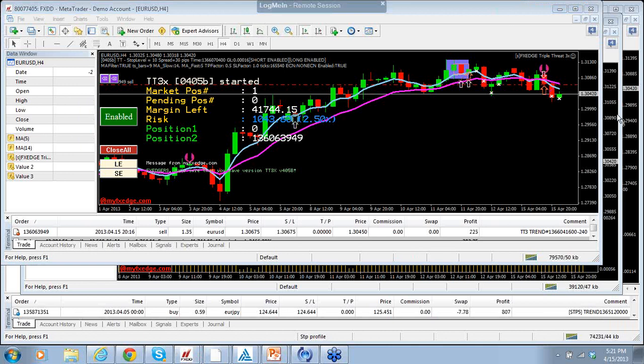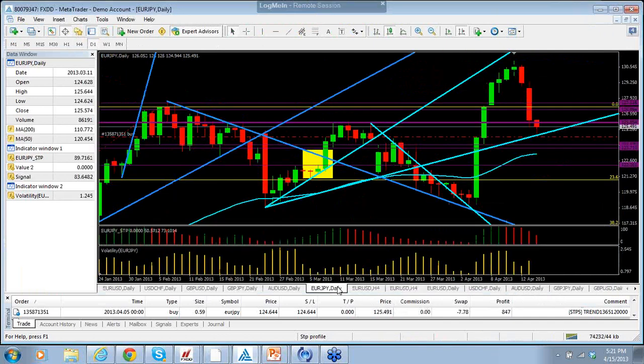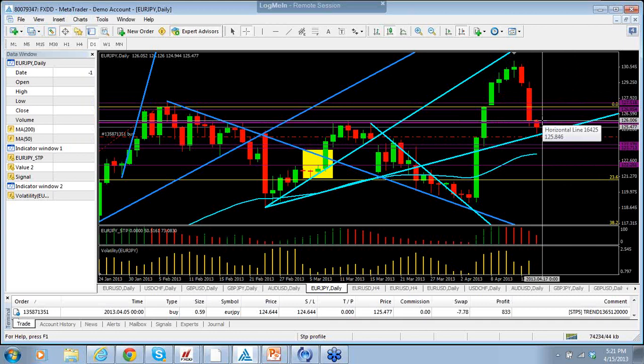It looks like the euro yen is dropping big time, because I checked it just a little bit ago and it was up 150 pips, and now it's up only 78. It dropped 60 pips already, but it actually hit this very strong trend line, this area of support here.